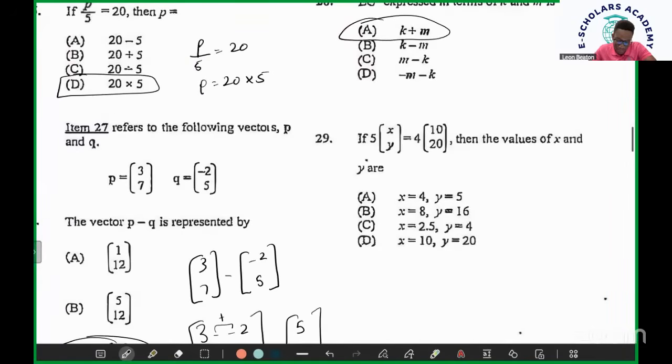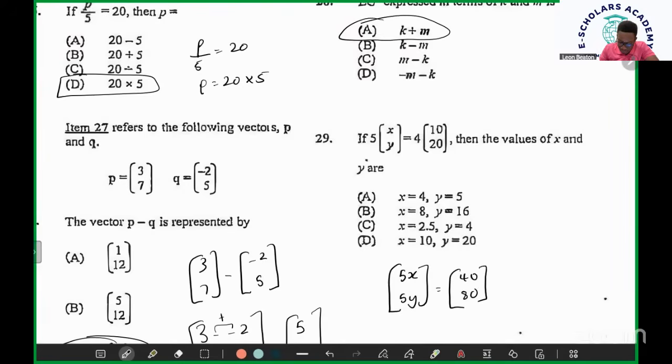So if 5x and 5y is equal to 4, 10, 20, and we want the values of x and y, we can rewrite this as 5x and 5y, which is equal to 4 times 10, which is 40, and 4 times 20, which is 80.